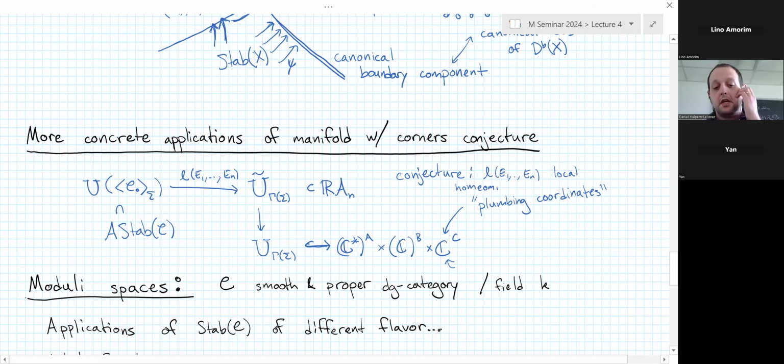So the most immediate application of this is that it gives you sort of local coordinates on the stability manifold in a neighborhood of infinity. So if this conjecture holds, it should allow you to really get, like in the case of P1, the usual description of P1 is like, what Jan was saying, you have these chambers and then they're glued in this funny way.